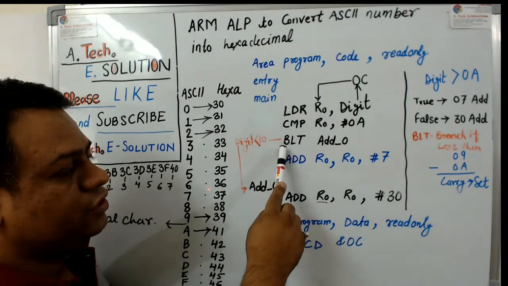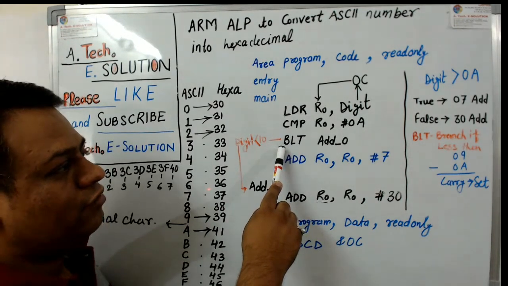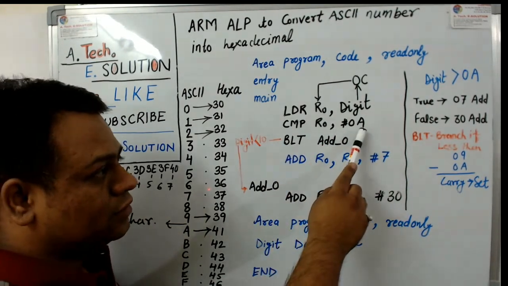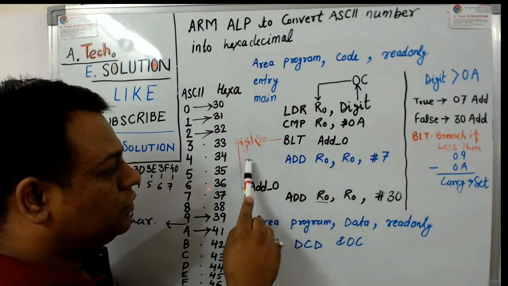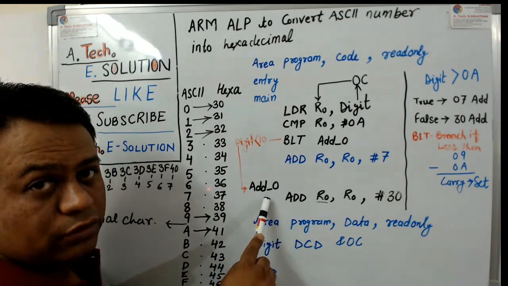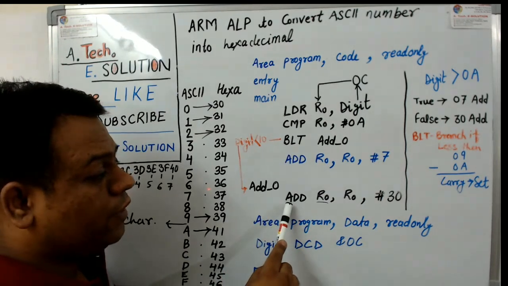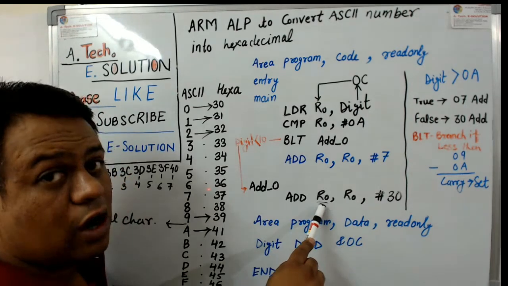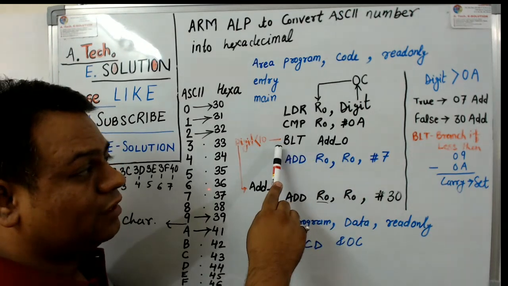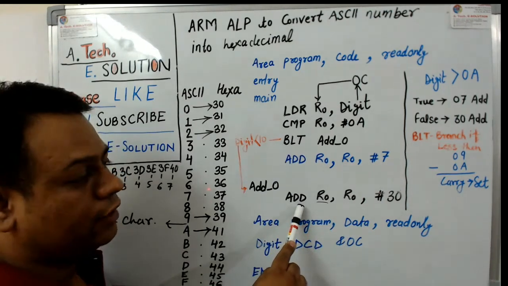BLT instruction is used to branch if less than. If the number is less than 0A, then it directly goes to the label add outer loop. So here we add 30 to the register R0. If the number is not less than 10, then we add 7 and then we add 30.